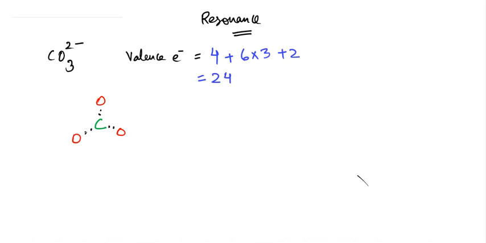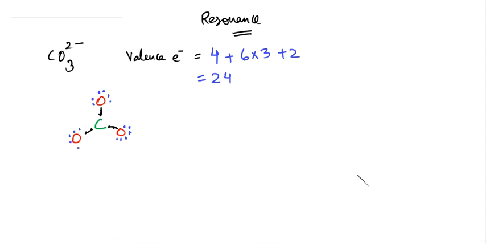So you have at least one bond between carbon and each oxygen atom. 6 electrons are distributed, so we are left with 18 more electrons. We will satisfy the octet of each outer atom, so we will place 6 electrons on each oxygen.